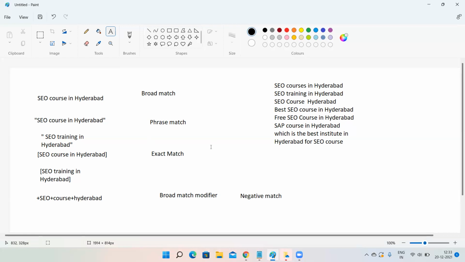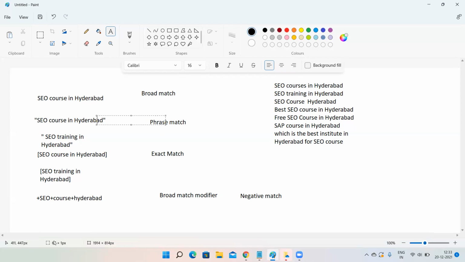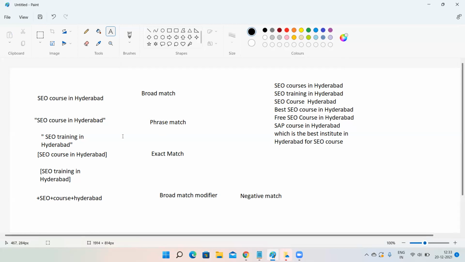This is an important topic, guys. By default, don't go for broad match. Always keep in mind to use quotation marks or brackets or plus symbols. Google will not tell you to use those things. Google will tell you to go for broad match only because they will get more money. So this is about keyword match types.